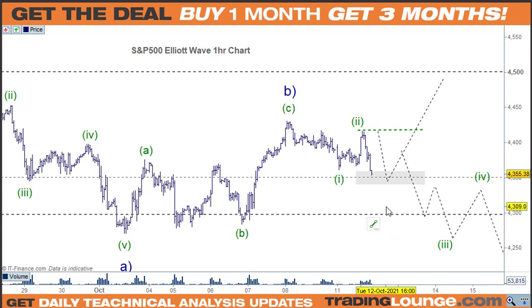So this is also debatable, where we put this 1 and 2. On the futures market, I think it's better suited here. On the cash market, it's better suited lower here.